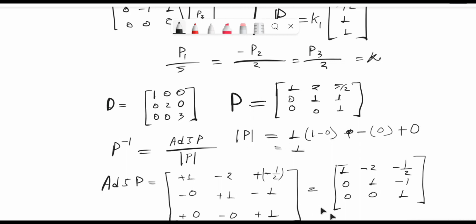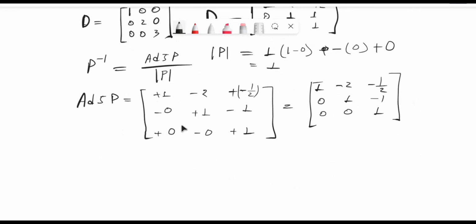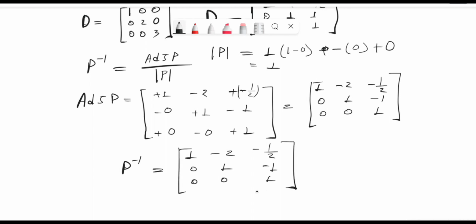So the inverse is the adjoint of P divided by the determinant. If we divide by 1, we have 1, minus 2, minus 1 by 2, 0, 1, minus 1, 0, 0, 1. So this is the inverse.